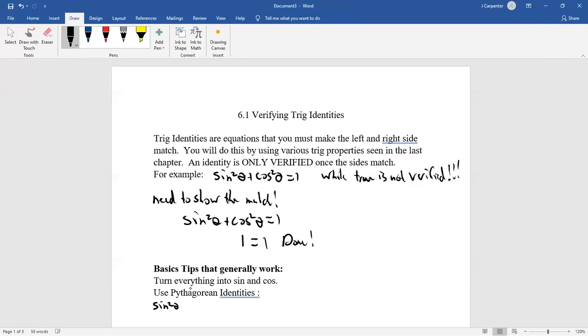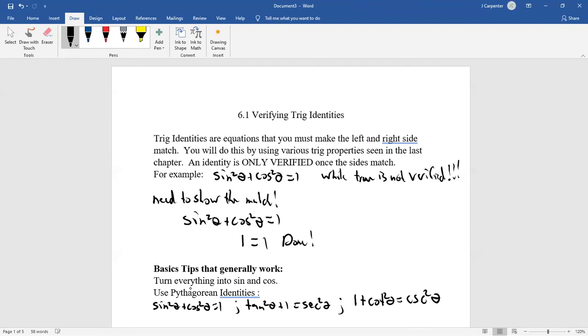Sine squared of an angle plus cosine squared of an angle is equal to 1. Then the second one is tangent squared plus 1 is equal to secant squared. And the third one is that 1 plus cotangent squared is equal to cosecant squared.